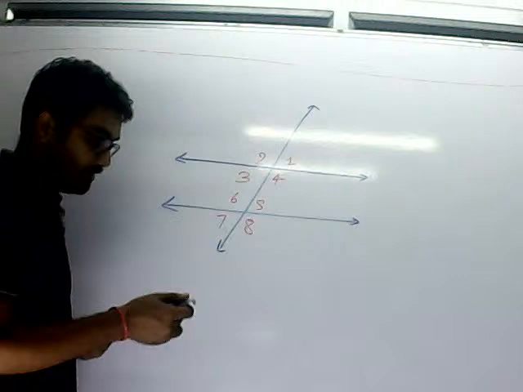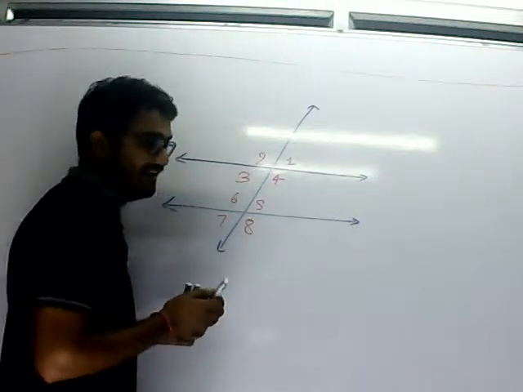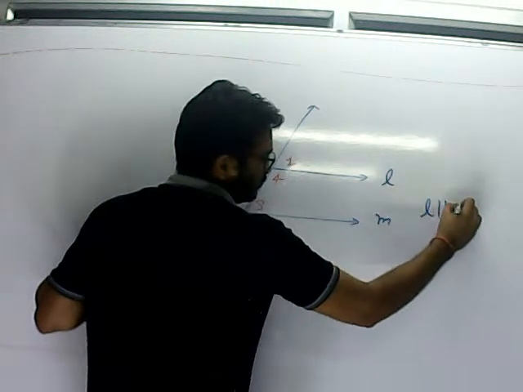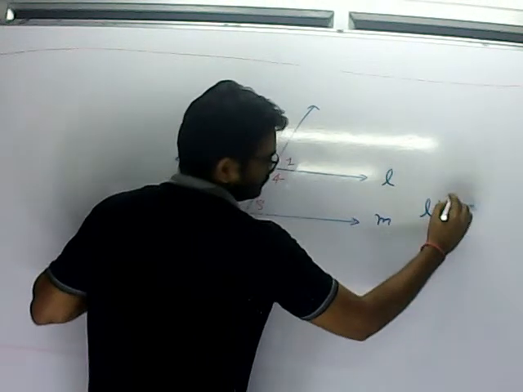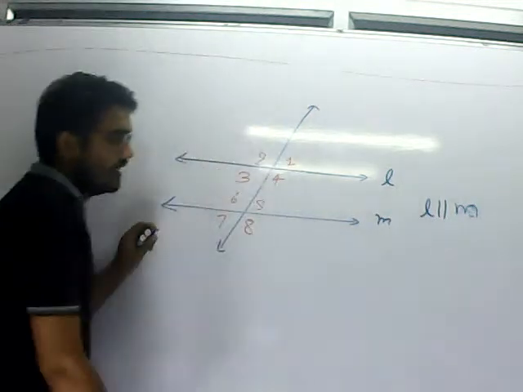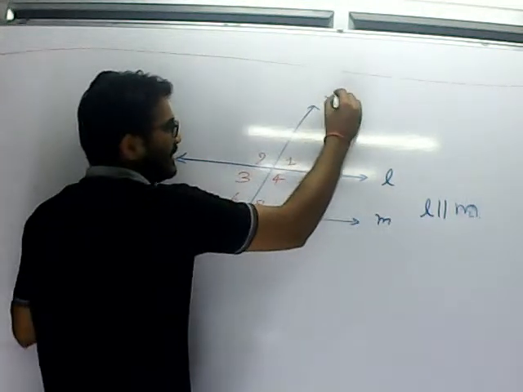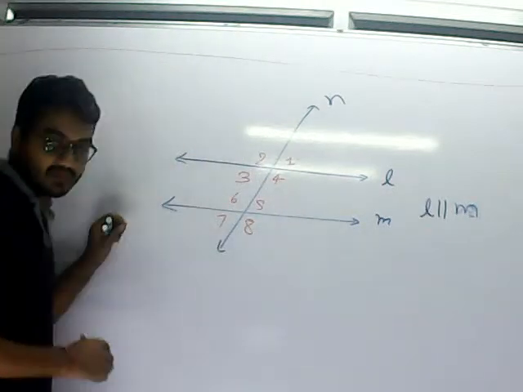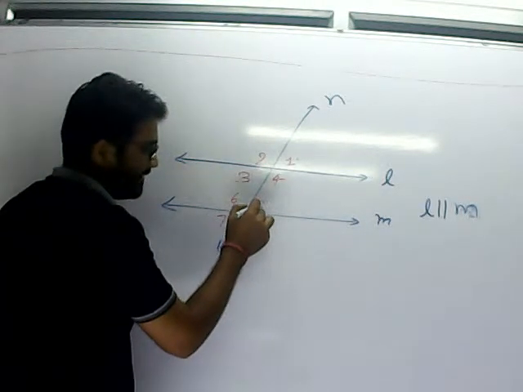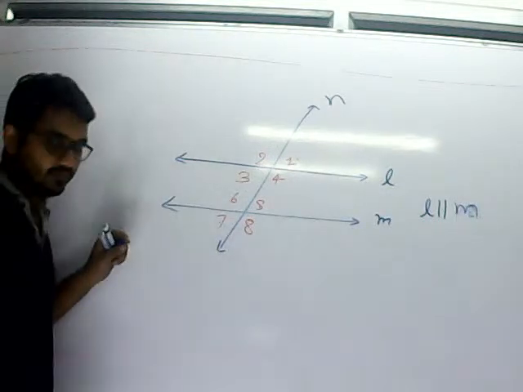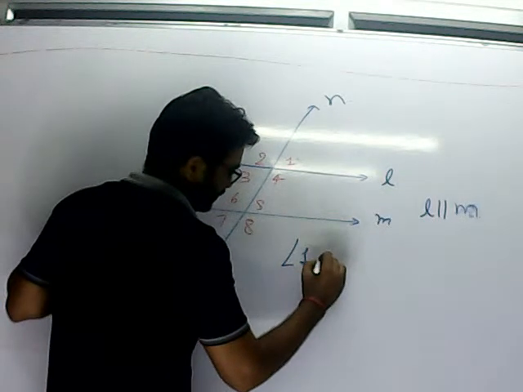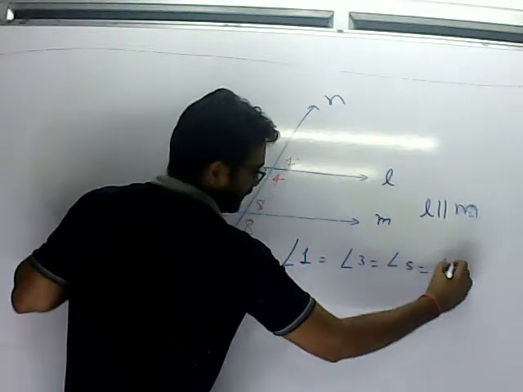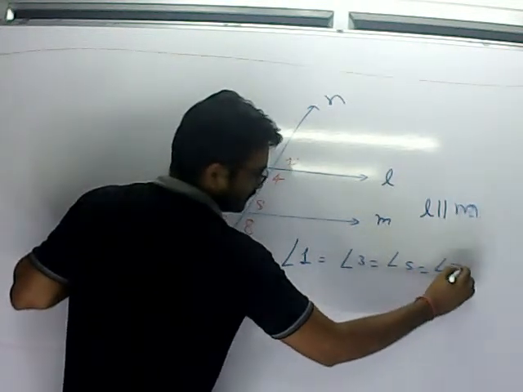If two of these three lines are parallel to each other, like this L and M, so if L is parallel to M and M is the transversal line, then angle 1 will be equal to angle 3, angle 3 will be equal to angle 5, angle 5 will be equal to angle 7, means angle 1 is equal to angle 3 is equal to angle 5 is equal to angle 7.